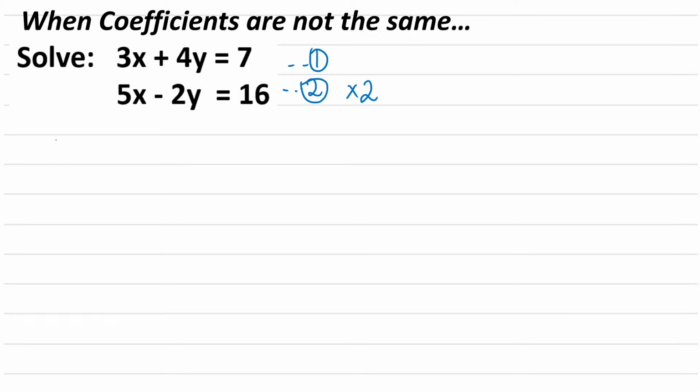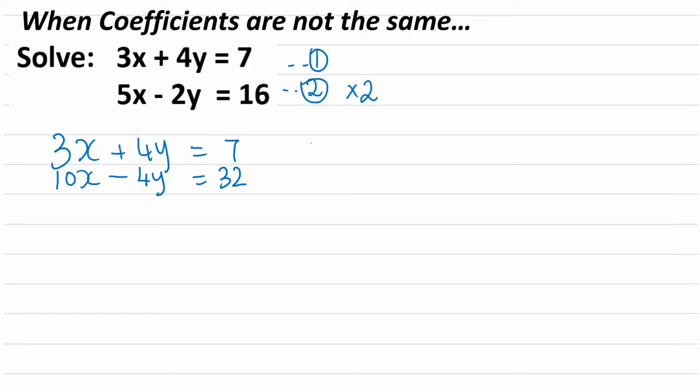So I'm going to write it here, 3x plus 4y equals to 7. That's my original. And I'm going to say 5 times 2, 5x times 2, this will give me 10x. And then minus 2 times 2 times 2, that will give me minus 4y equal to 16 times 2 is 32.